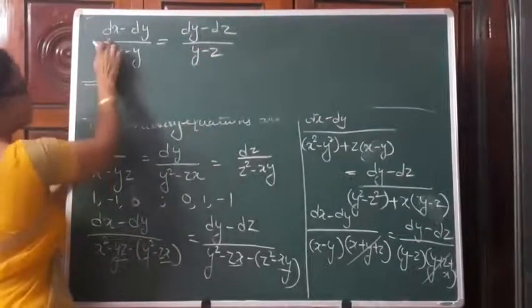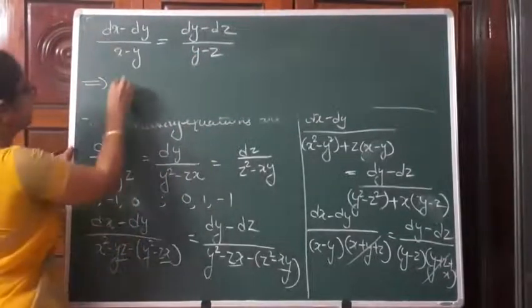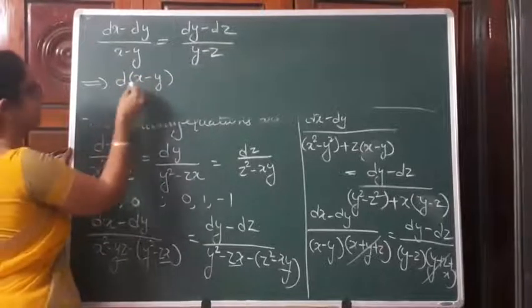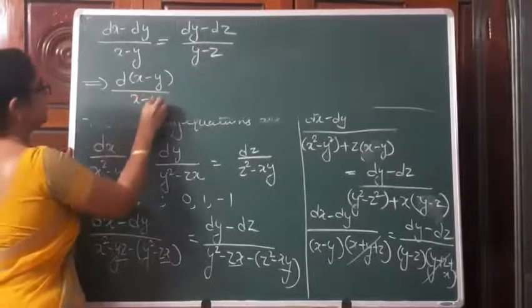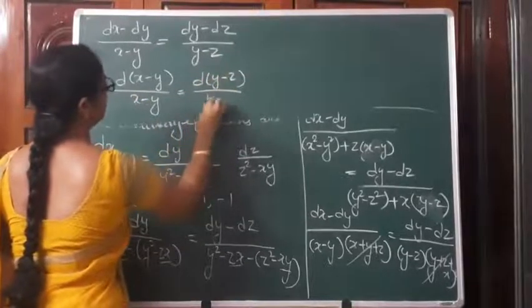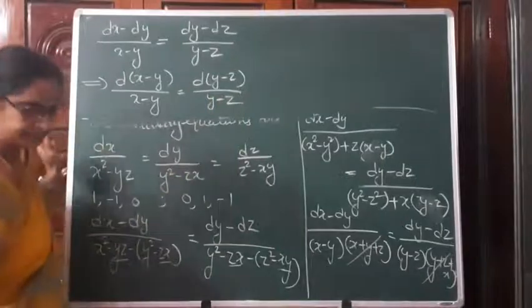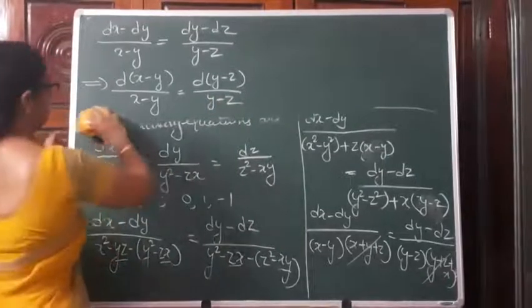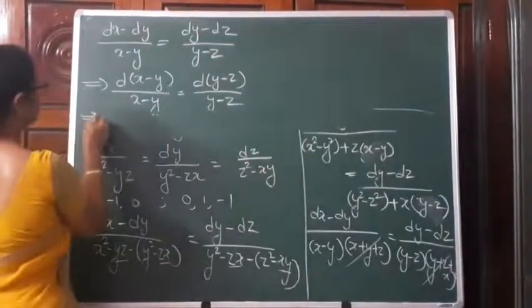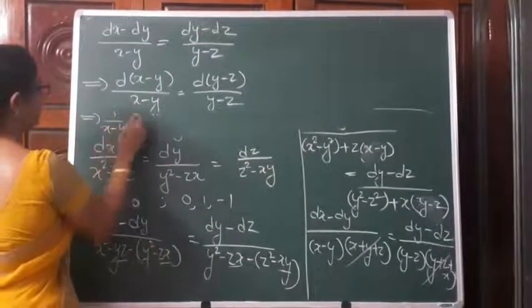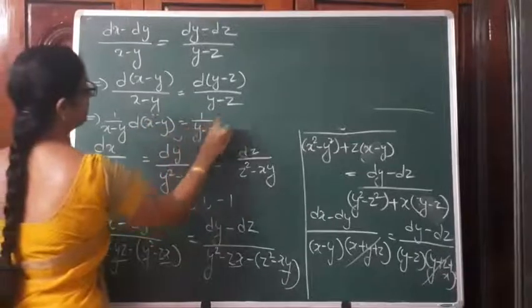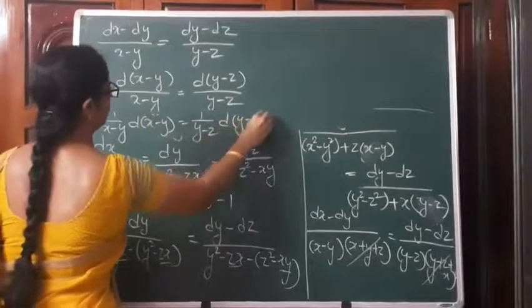What does this mean? What is dx minus dy? It is d of x minus y. So dx minus dy divided by x minus y is equal to d of y minus z divided by y minus z. That is 1 by x minus y, d of x minus y, equals 1 by y minus z, d of y minus z.